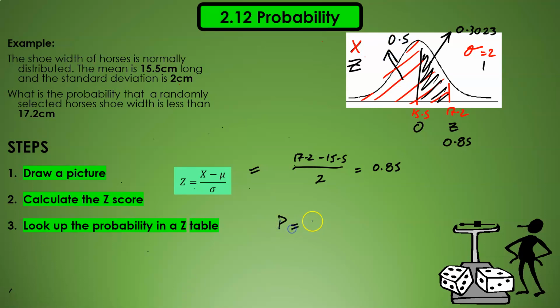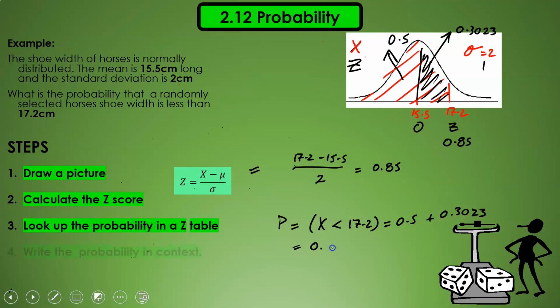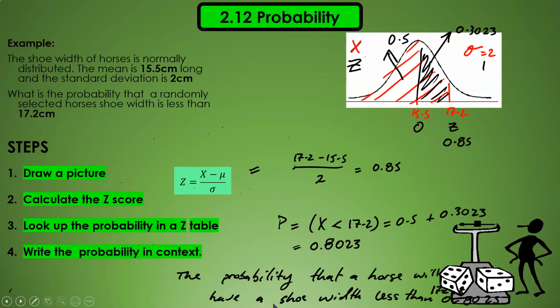The probability that x is less than 17.2 is equal to 0.5 plus 0.3023, which equals 0.8023. So our final sentence: the probability that a horse will have a shoe width less than 17.2 is 0.8023.